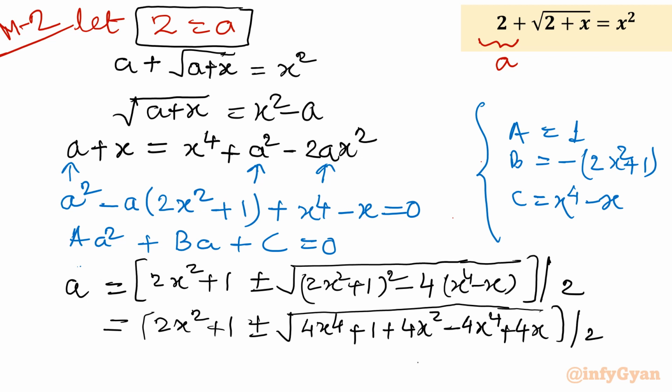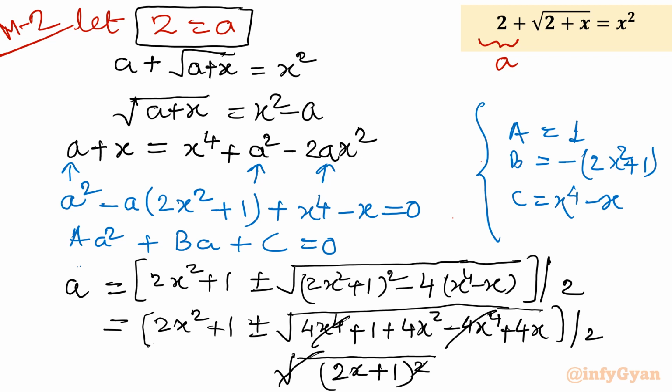Now let's cancel these two terms. What is left? 4x square plus 4x plus 1. It is 2x plus 1 whole square, if you can see. Rest is as it is, denominator as it is. So I will cancel the power with the square root.